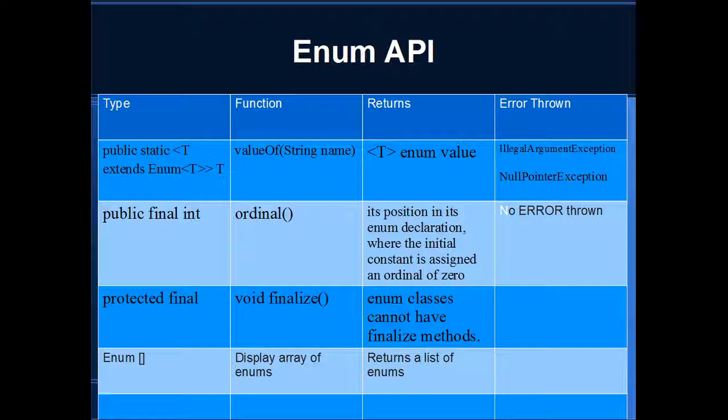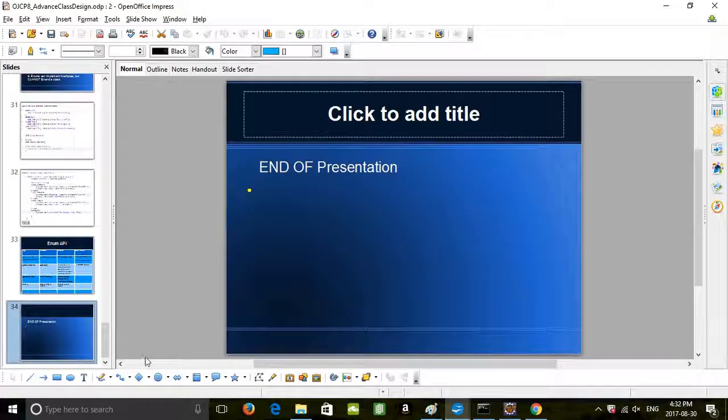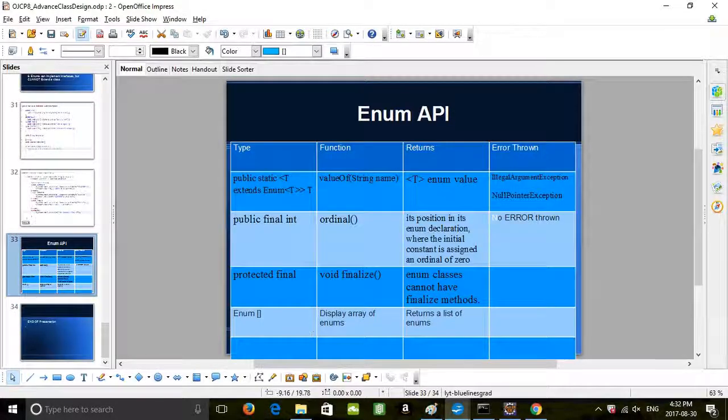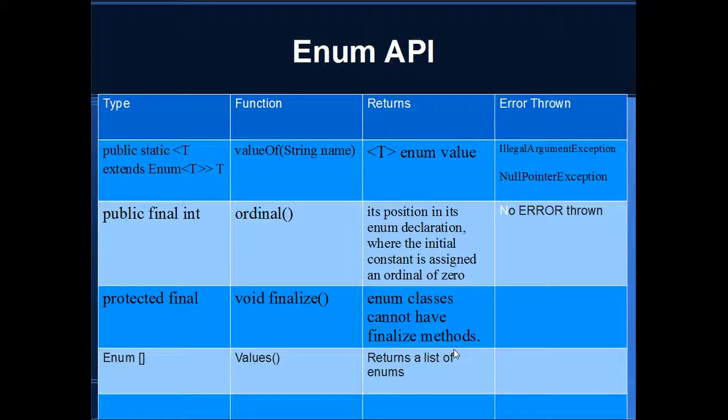And the method that returns an array of enums is called, sorry, values. Sorry about this, guys. It is values, and it returns a list of enums. Sorry about some of the going back and forth, guys.